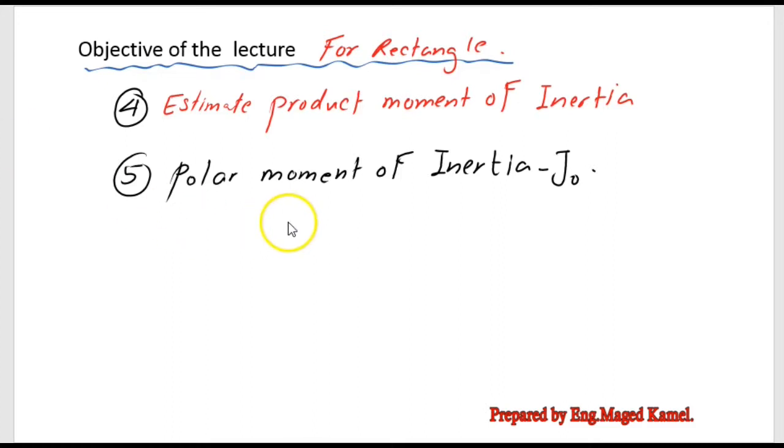Number 4, estimate the product moment of inertia for the rectangular section. Number 5 is to estimate the polar moment of inertia Jo, either at the CG or at the external parallel axis, as we are going to see.